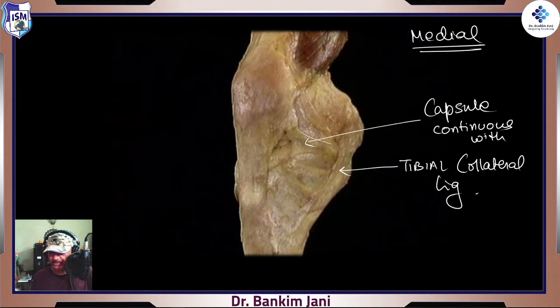This is how it merges, and it is continuous with the capsule. Now, interestingly, this entire capsule is quite thick. So the capsule also supports the stability of the knee joint.